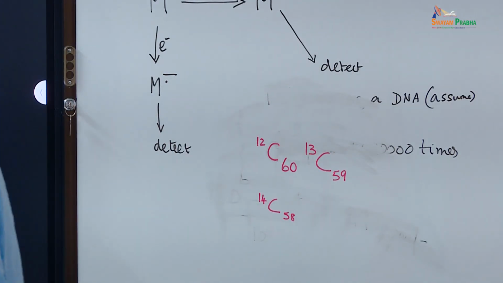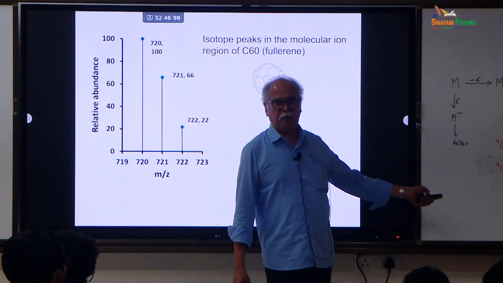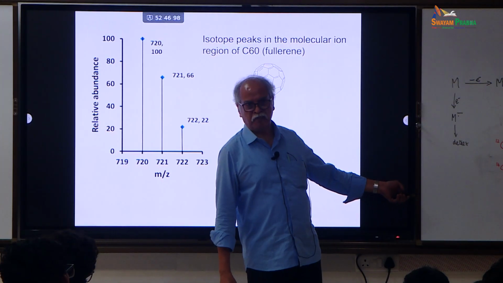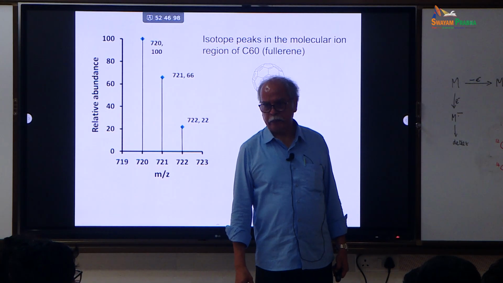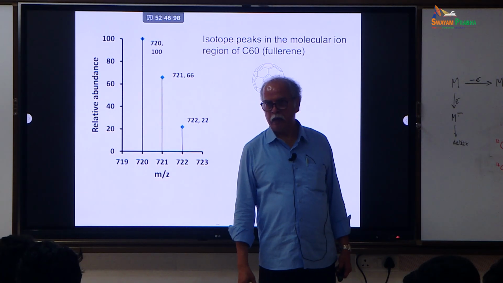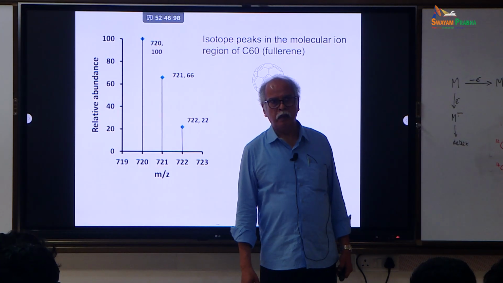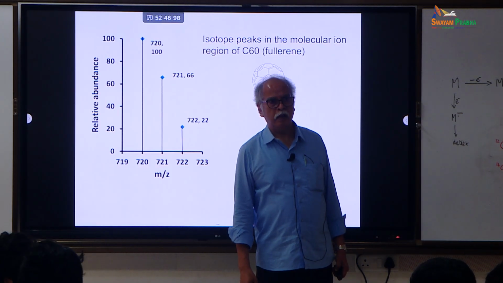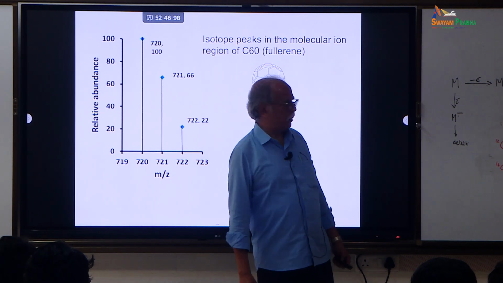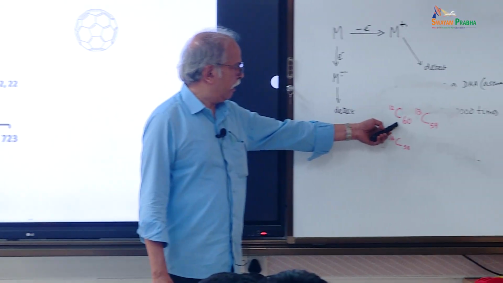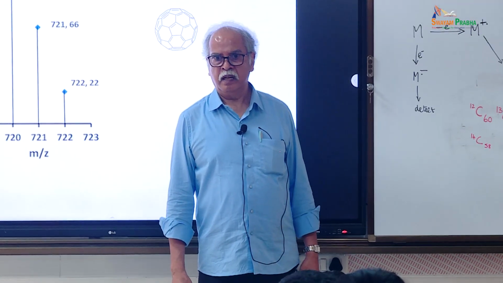What is the probability of these three species in the sample of Buckminster fullerene? Any idea? How much will this be? 99%.